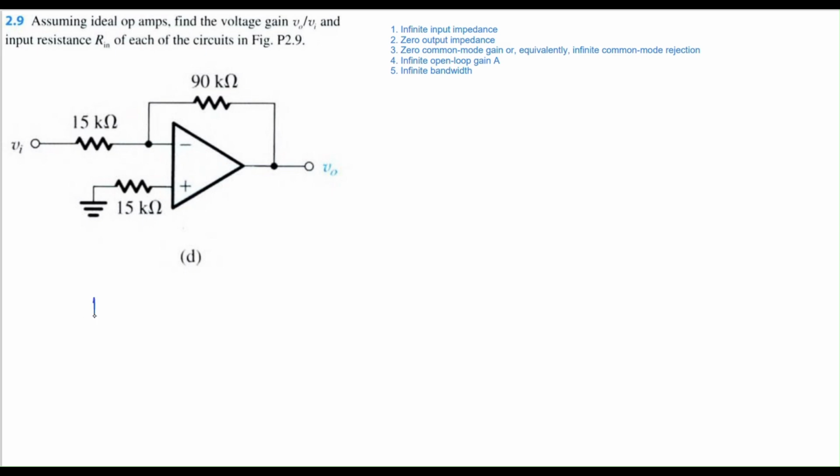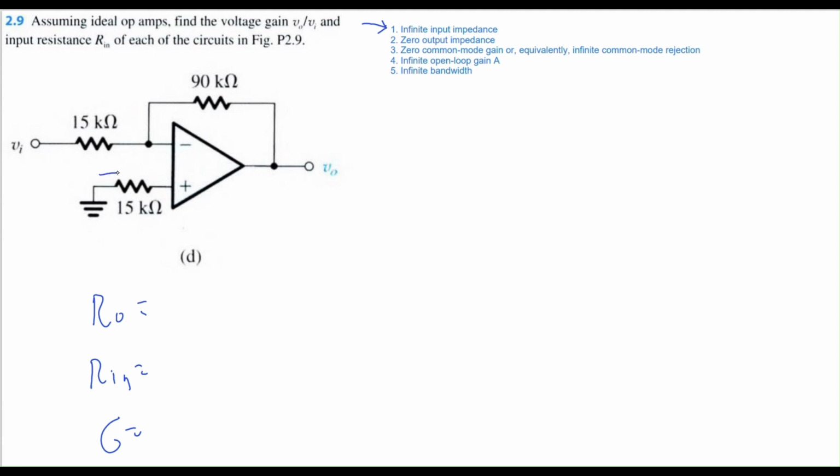All right, then solve for circuit D. So very similar again, except we have this 15 kilo ohms at this positive terminal. So how does this impact the circuit layout? Let me direct our attention to rule 1 again, infinite input impedance.